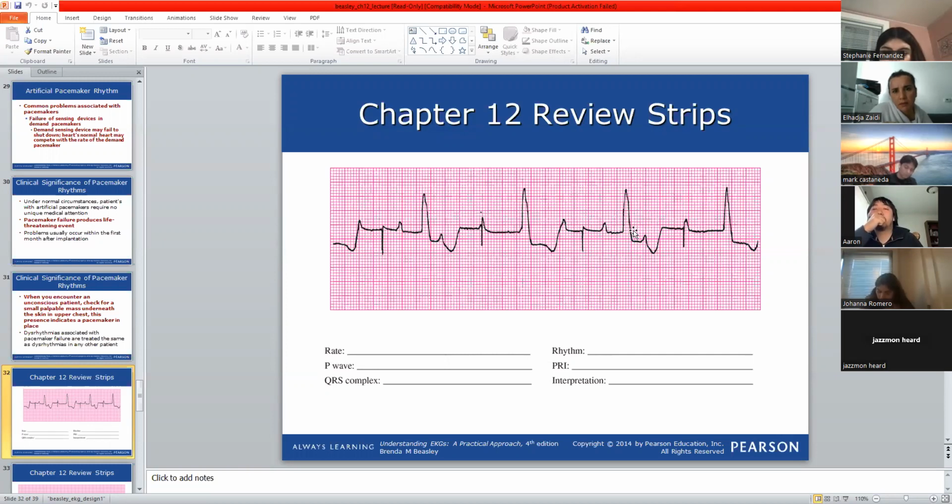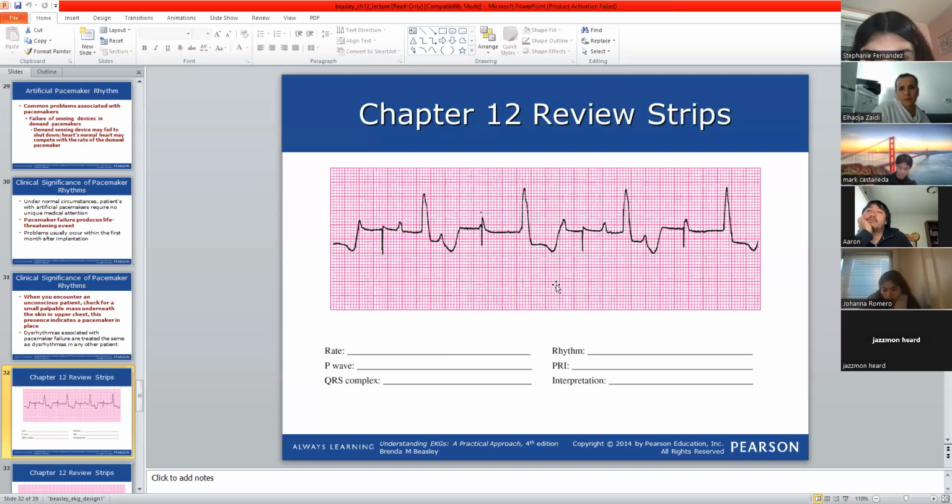And if you look here, this is the P wave and this is the QRS. P wave, QRS, P wave, QRS, P wave, QRS. Do we have a relation between P and QRS? No. So this patient is what?